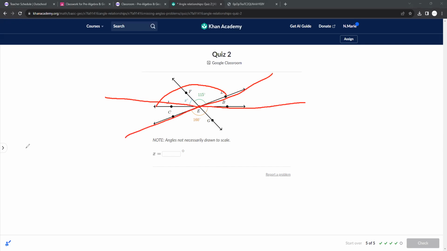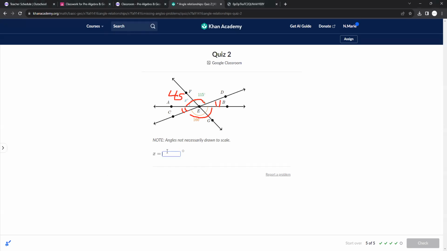So if this is 160, this is 160, and then these are also vertical to each other. And so 160 minus 115 gets us this angle here, which is 45, because remember, this is 160. It's the same as the angle across from it. And so that missing piece there is 45 degrees.